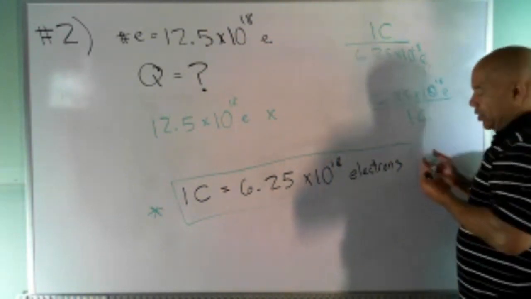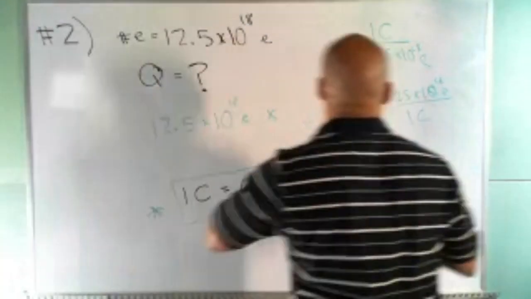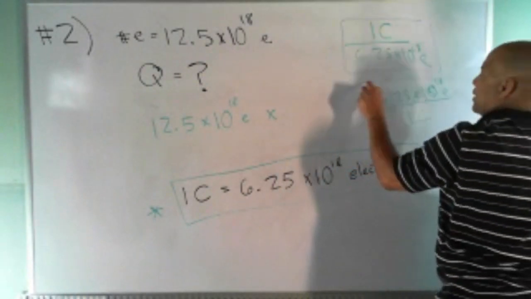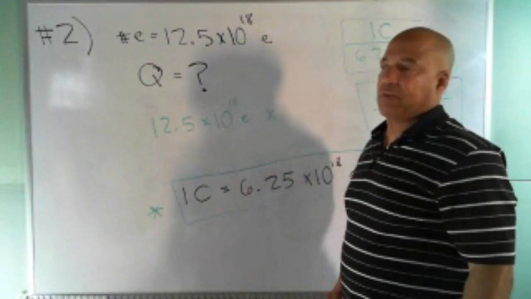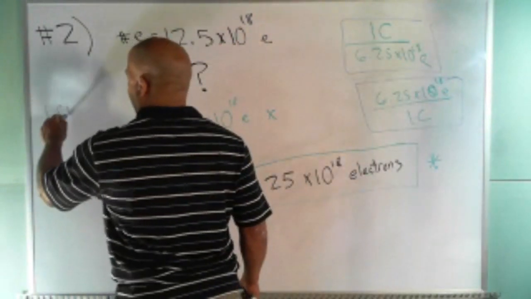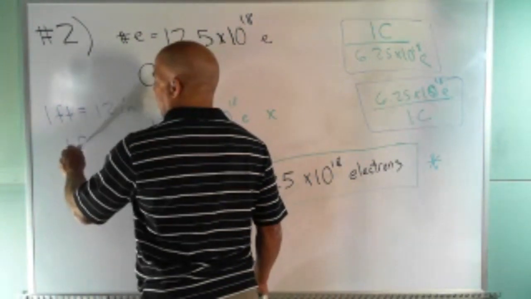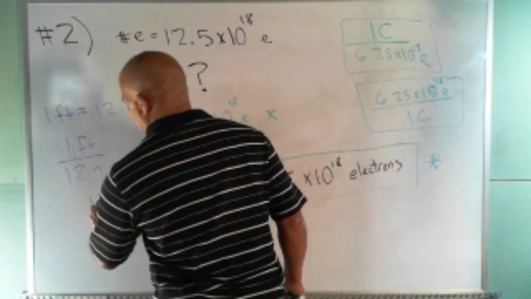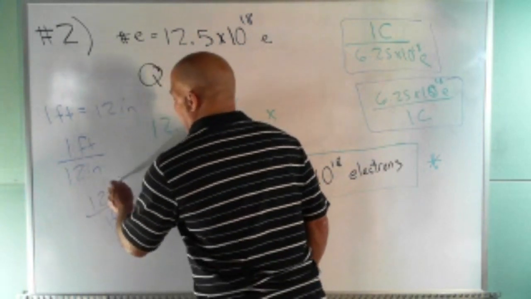I can write it this way, or I can write it this way. In chemistry, they call it a conversion factor. You can say that we know that 1 foot is equal to 12 inches. So you can say that 1 foot is the same as 12 inches, or I can say 12 inches is the same as 1 foot. And that's a conversion factor.